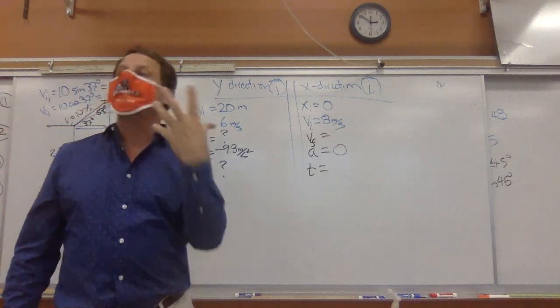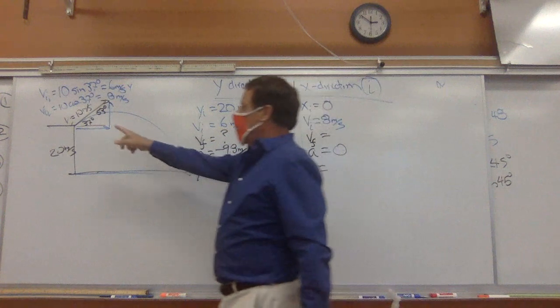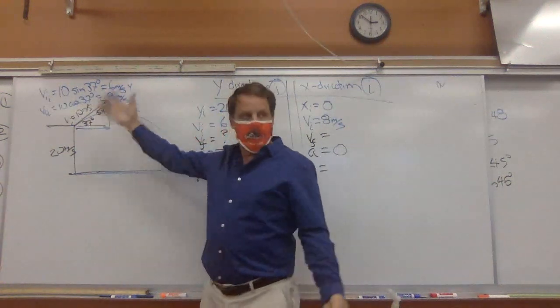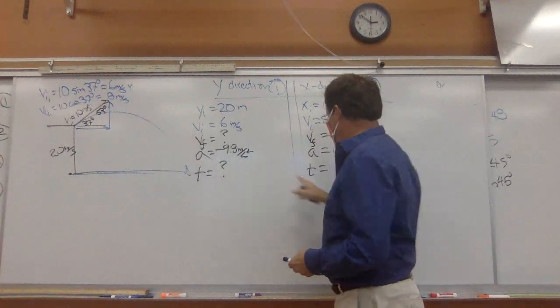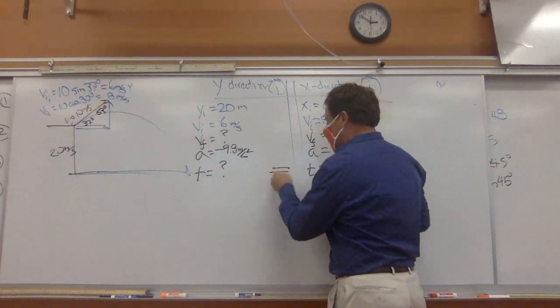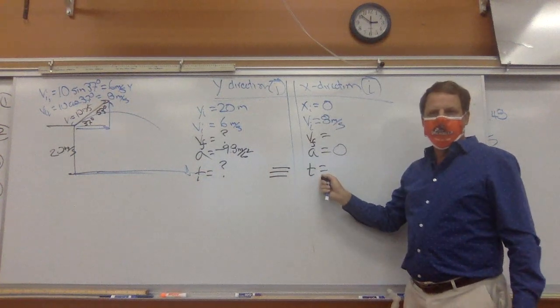And again, obvious answer, that's not so obvious. This object is moving. Its x direction and y direction are moving simultaneously, right? So the time here is equal to the time there.